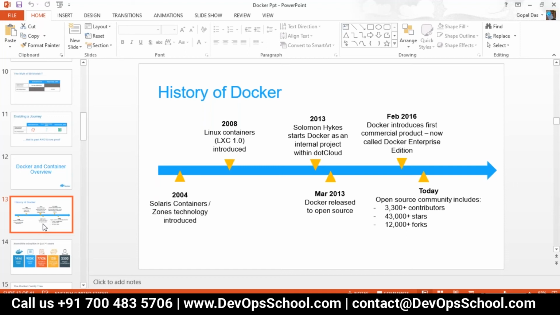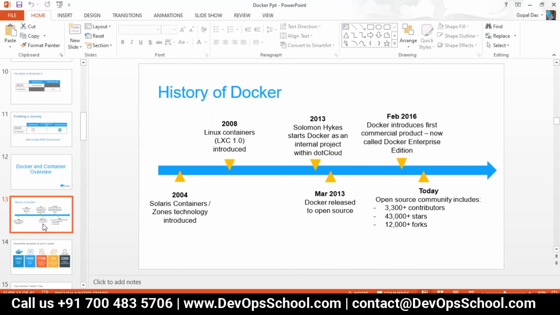When I am talking about containers, is Docker the only container service, or is anything else also there? EKS, GKE, Elastic Kubernetes Service, those are orchestrators.